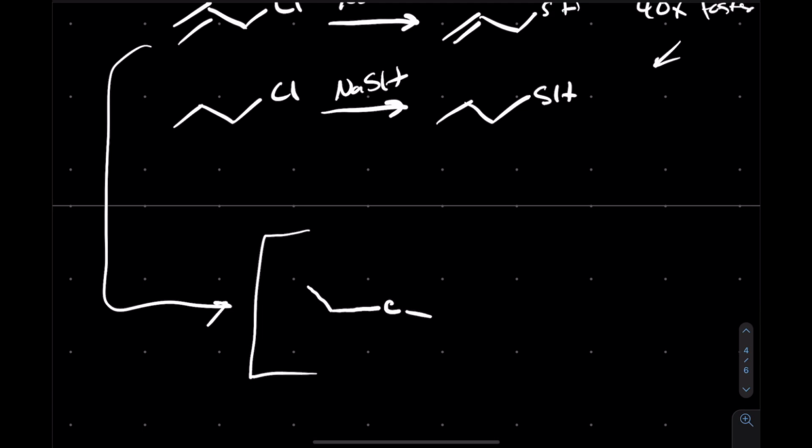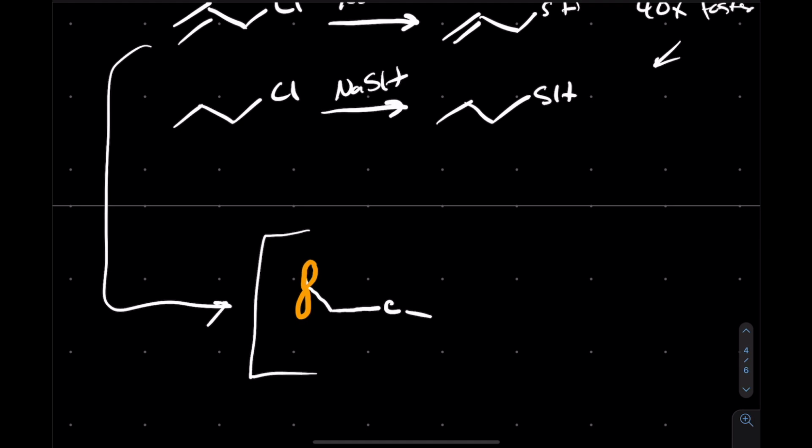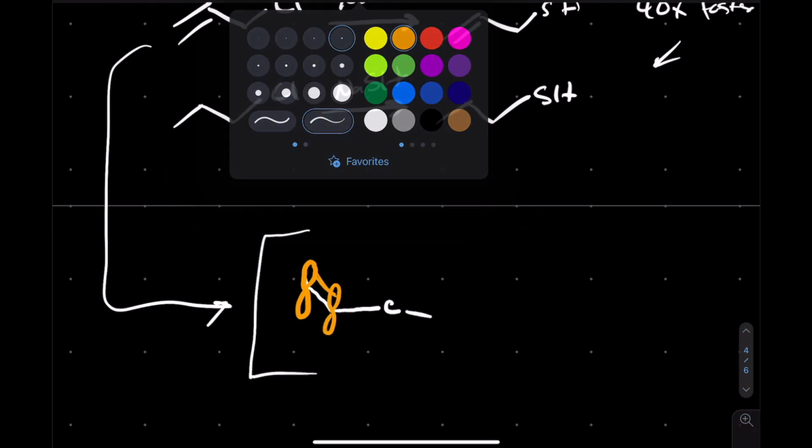We've got a carbon here, right? And this is your double bond. And I'm going to actually draw the double bond in as the whole conjugated pi system. There's a pi system forming right there, okay?